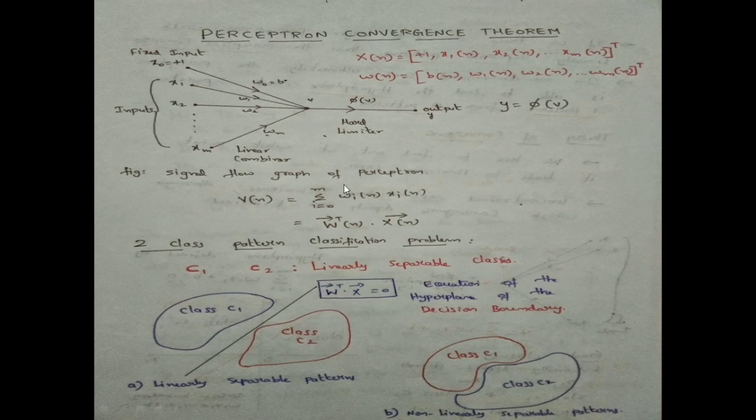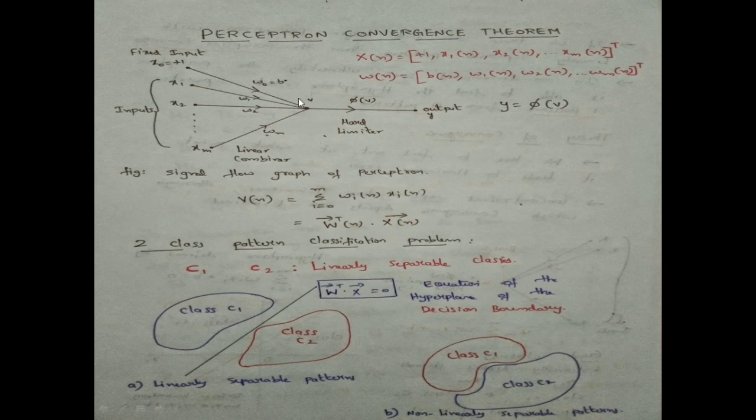So this is the output V, which is given by V of n, after representing the nth pattern of the input, which is given by sigma i equal to 0 to m of wi of n into xi of n. This in turn is given by w transpose of n into x of n, where w transpose of n is the transpose of the weight vector and x of n is the input vector.